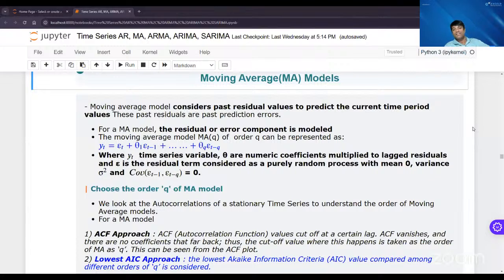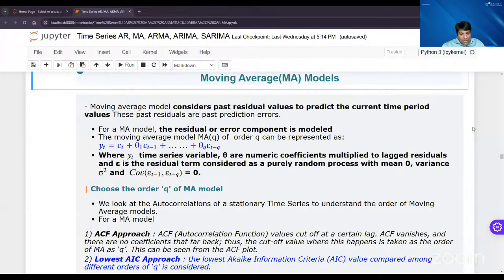Moving average is basically trying to predict the current value as a linear combination of the past error terms. Now this may seem a little confusing, so I'll try to simplify it.